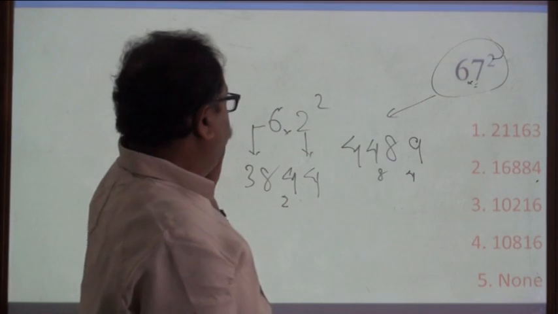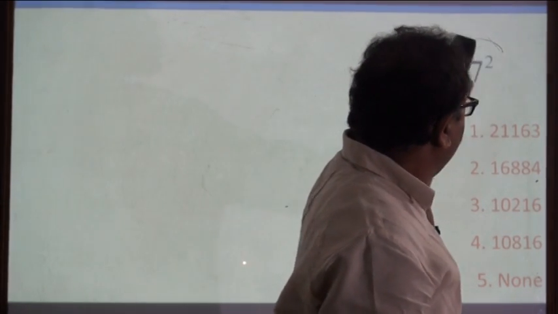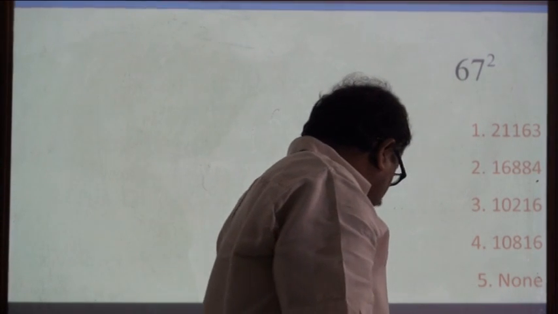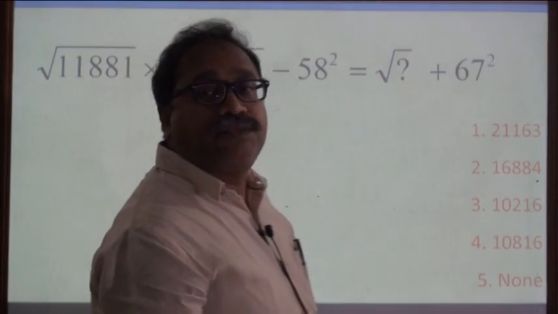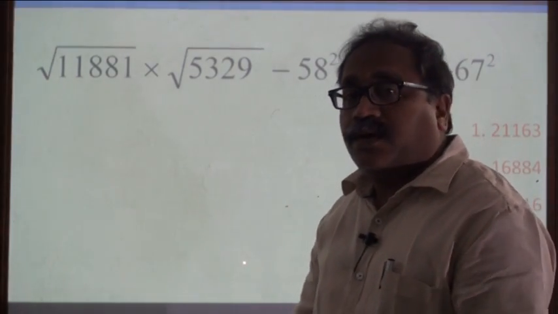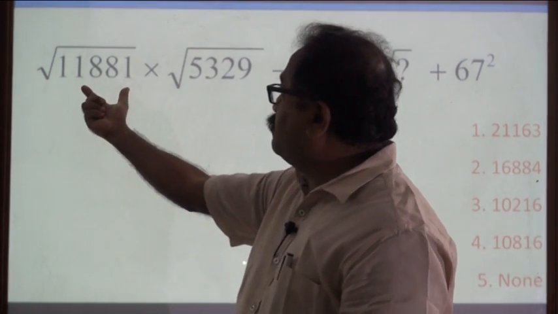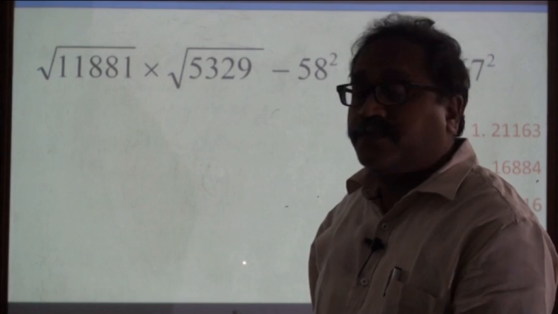Let's solve the problem. So this is a question. So I will begin from the very beginning again, finding out the square root of this number, followed by this, and then square of this and this.